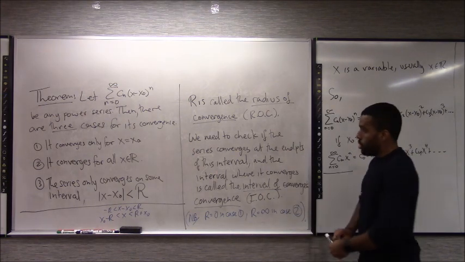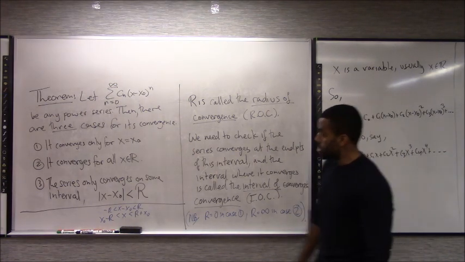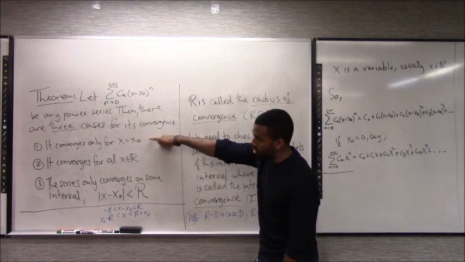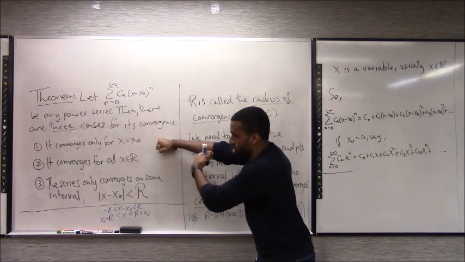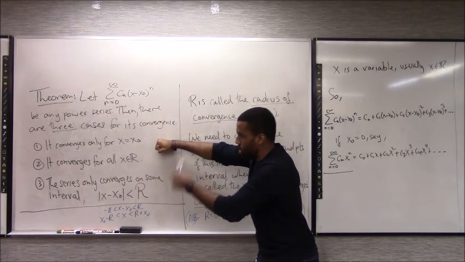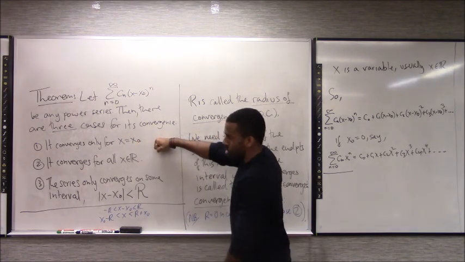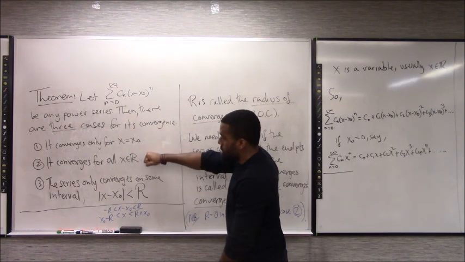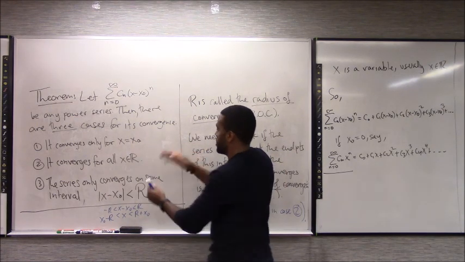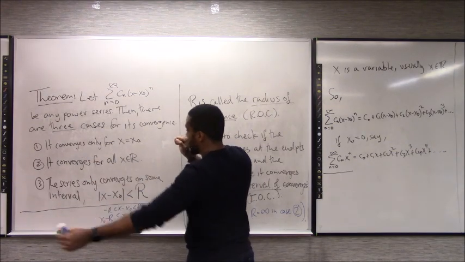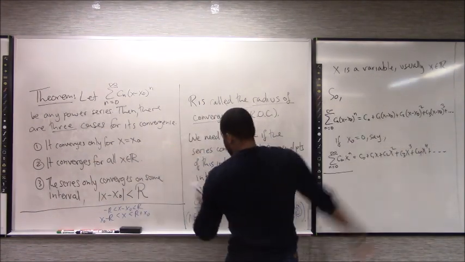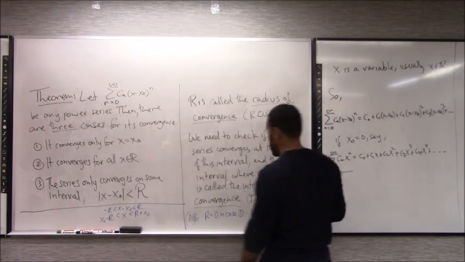So for a power series, there can either be 0 radius of convergence: it literally converges at a point, there is no radius, you can't move to the left or the right of that point. It will converge at that point only. Or it will converge on the entire real line, which means from that point I can move an infinite distance to the left and it's going to work, and an infinite distance to the right and it's going to work. That means R is infinity.